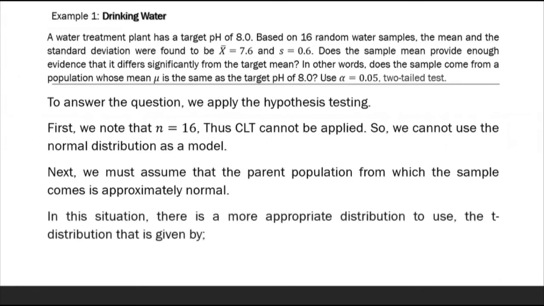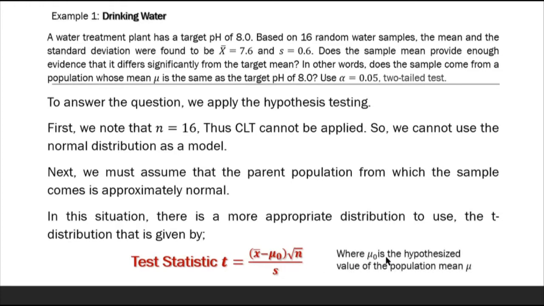In this situation, there is a more appropriate distribution to use, and that is the t distribution given by the test statistic t equals the quantity of x bar minus mu sub 0 times the square root of n, all over s, where mu sub 0 is the hypothesized value of the population mean mu.